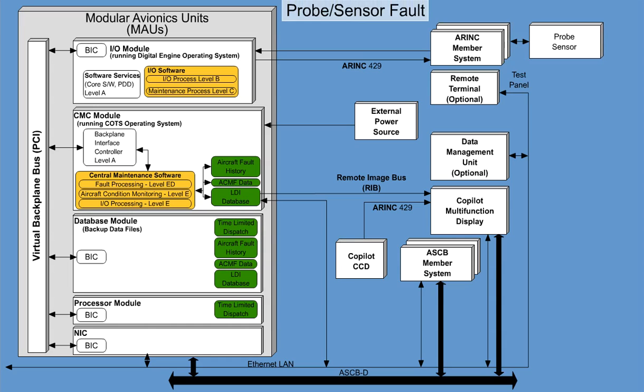Probe sensor fault. Used to identify problems with non-smart components that are externally monitored by a probe or sensor. A smart member system LRU reports that a non-smart LRU, which it monitors, has failed. Both reporting member system LRU and the LRU at fault are of the same system.